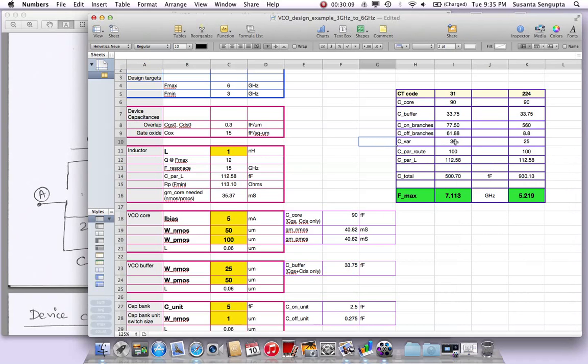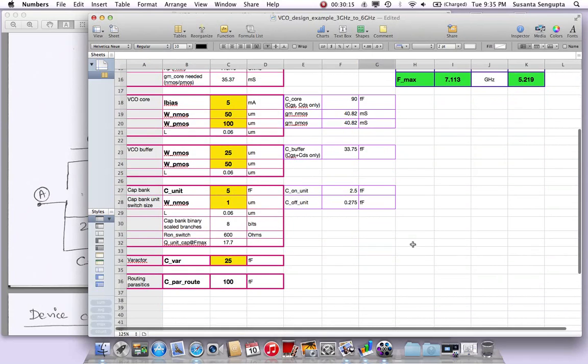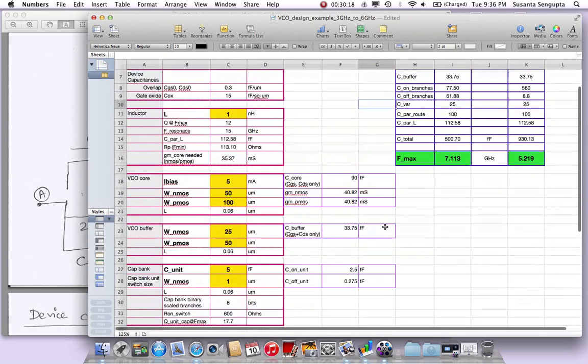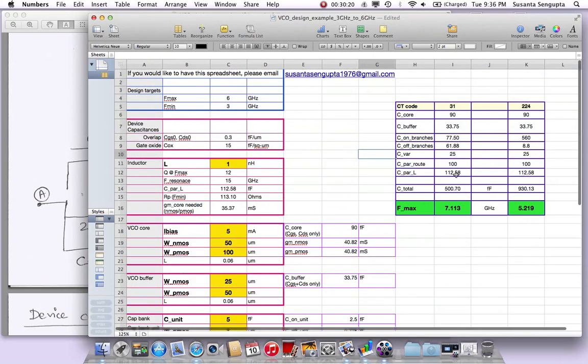Varactor capacitance we assume 25 femtofarad, that is there. Parasitic route 100 femtofarad we assume, that is there, right? Because we assume that varactor and parasitic are there as they are. And then the inductor, based on the 15 femtofarad resonance frequency, whatever it calculated, based on the L value, it is there.